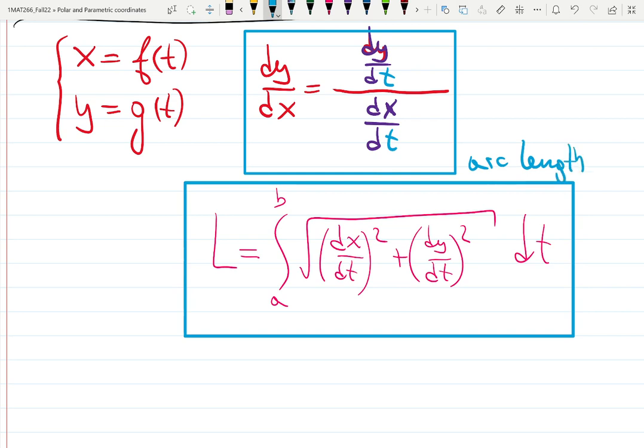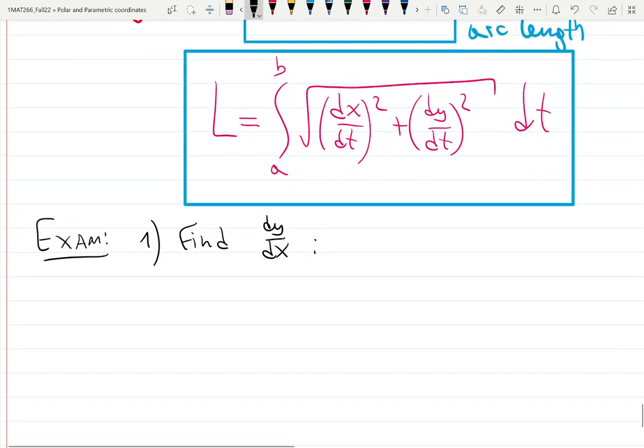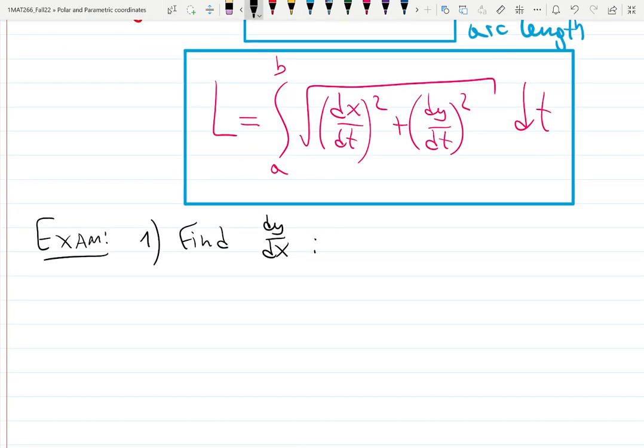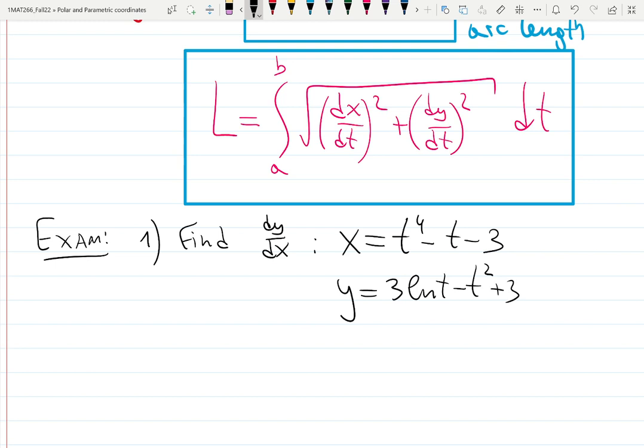Thus, if there's an exam question or homework question asking you to find dy over dx if the curve is represented in parametric form, that's how it's called. x is t to the 4 minus t minus 3, and y is 3 ln t minus t squared plus 3.